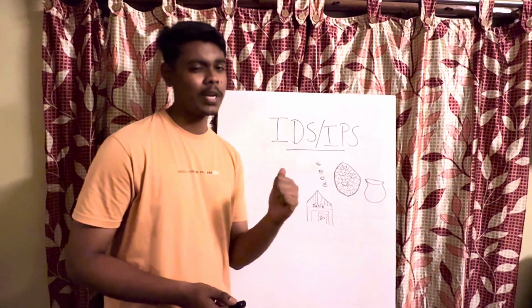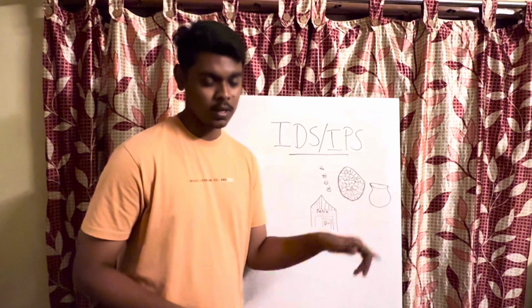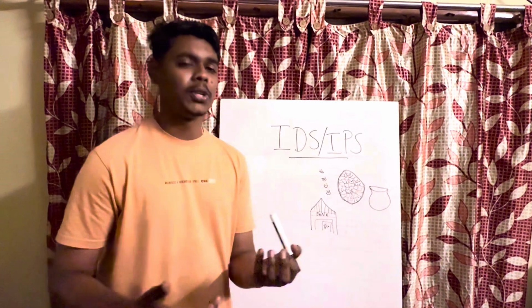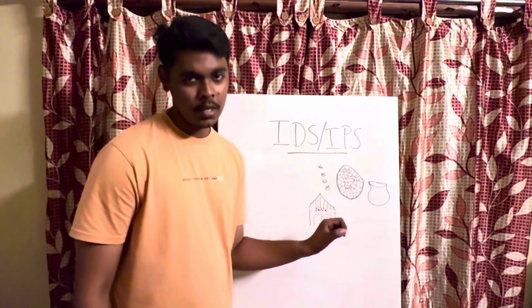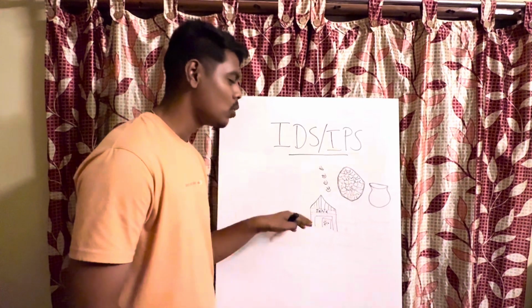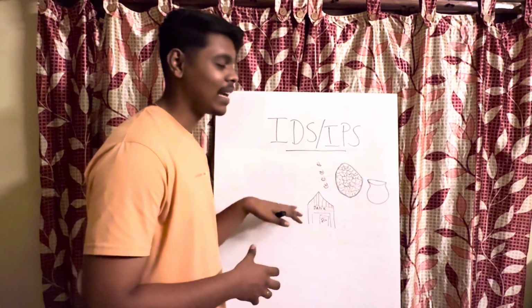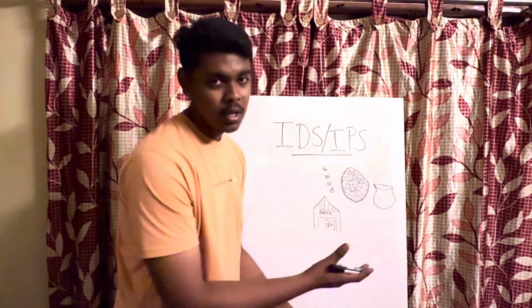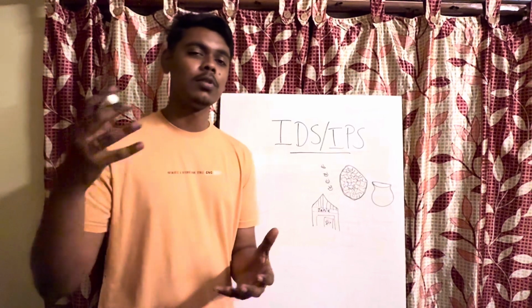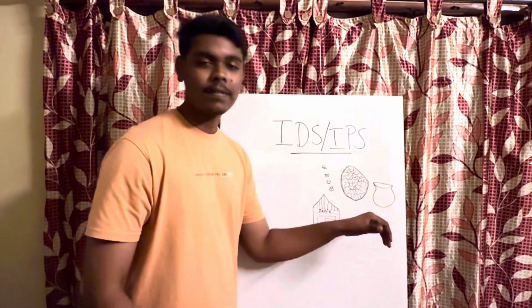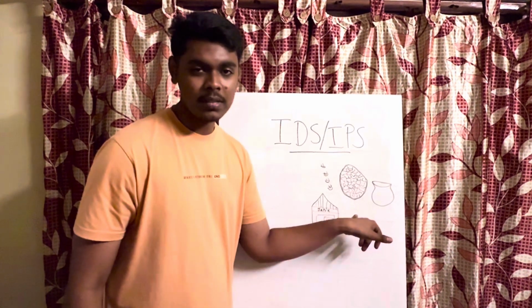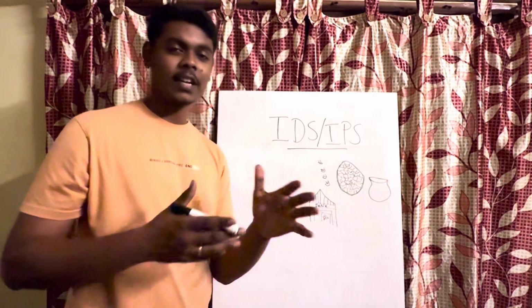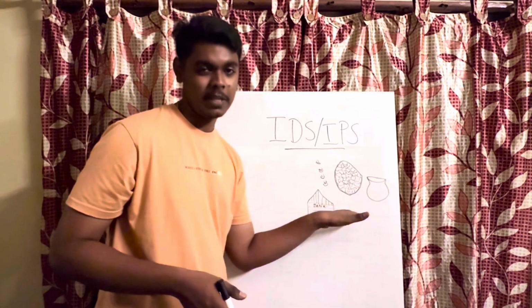Now, let's take a quick look at how these honeypots work. Let's say you are a cybersecurity analyst working at a bank, and you want to know how attackers attack a bank's database. So you're going to set up a honeypot, which is basically a trap for attackers to come and attack. But this is going to be a fake website or fake database, which is going to attract your attackers to attack this specific spot.